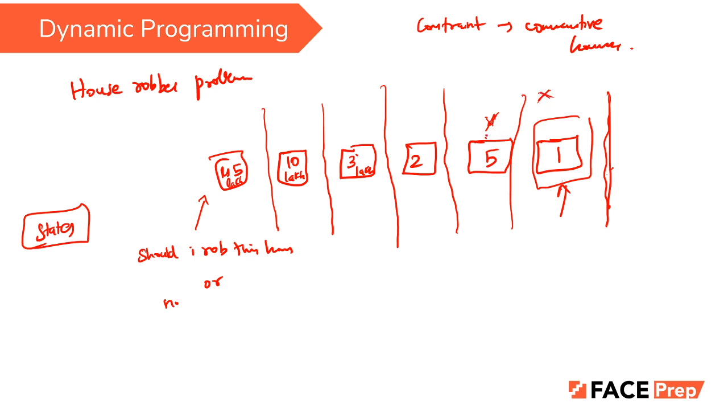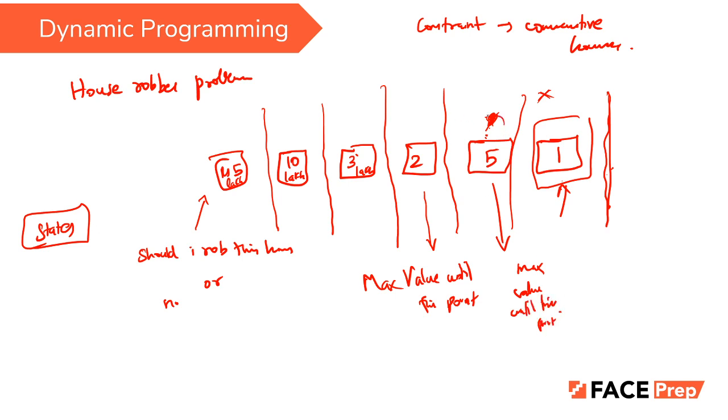I cannot rob this house if I have already robbed the previous one, which means I have the max value until one point, and I also have the max value until another point.